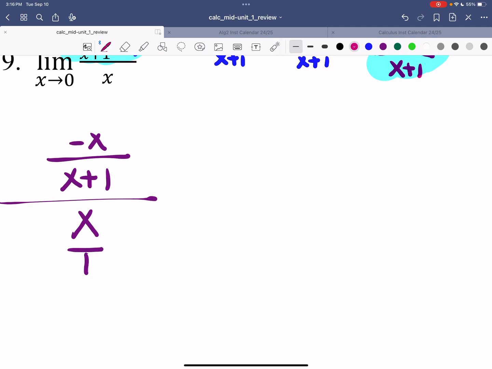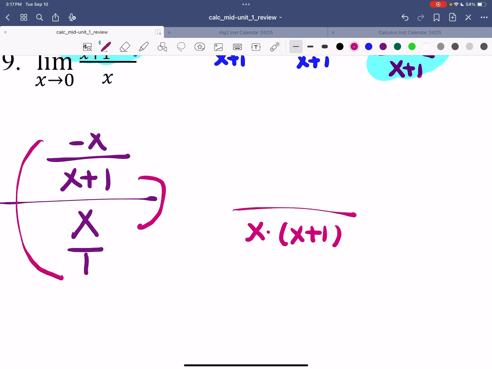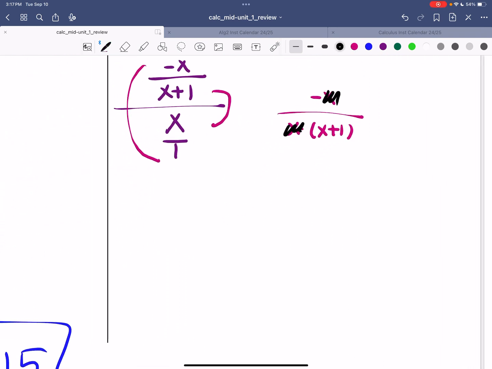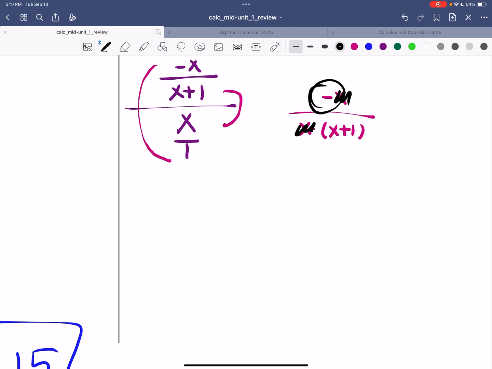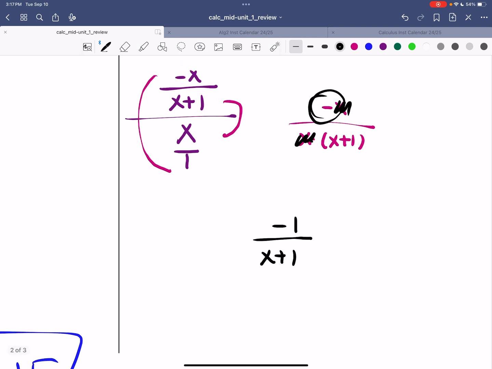Let's do it. Inside goes to the bottom. So I'm going to put x times x plus 1. Outside goes to the top. Negative x times 1 is just negative x. And as you can see, x disappears, right? So on the top, I still have negative, so it's going to be negative 1 over x plus 1 in the bottom.